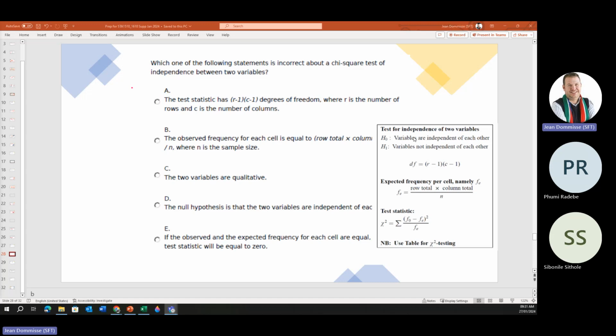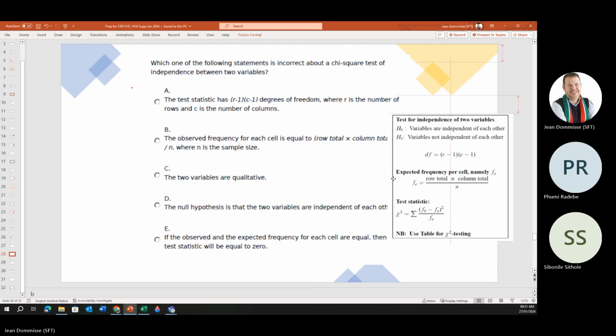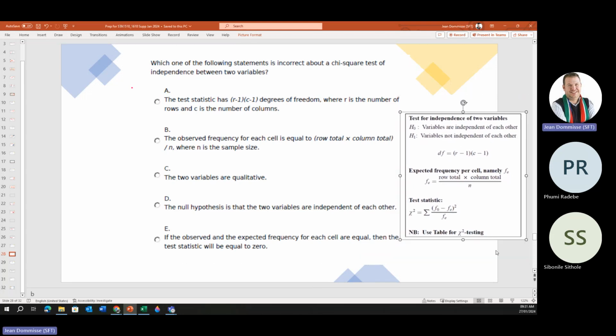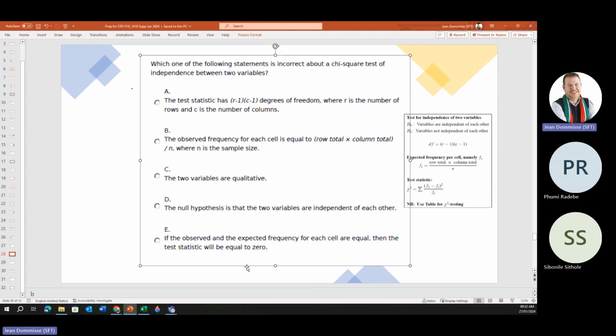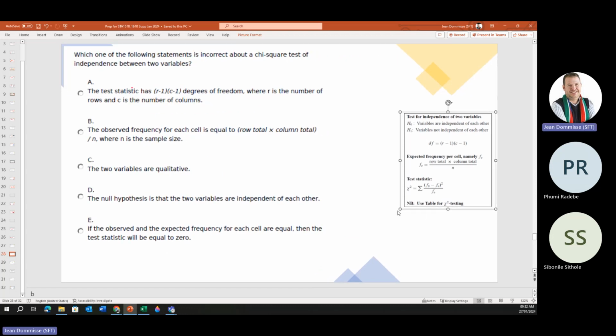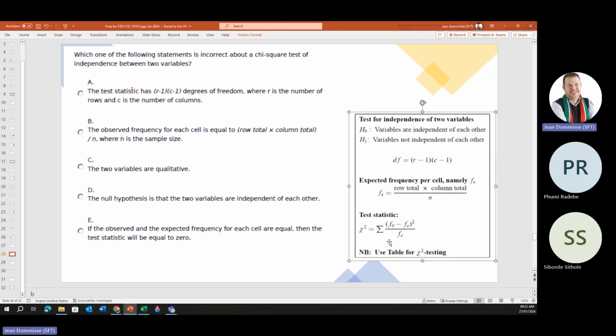They can ask you something about the hypothesis, about the degrees of freedom, to work out the expected value, or to work out the test statistic. So there's a few things, but this is nearly what they can ask you. So let's see in the options.